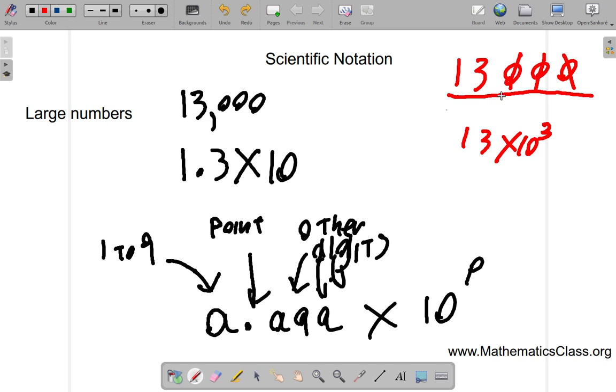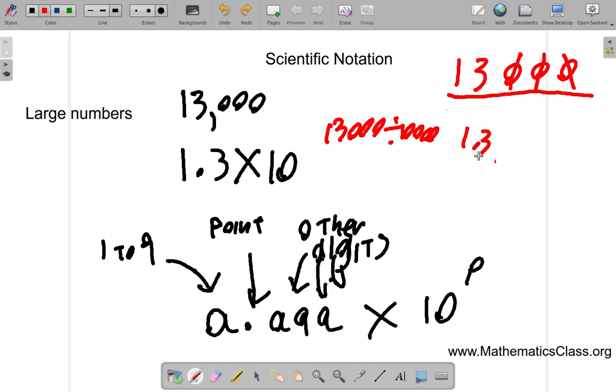Now, suppose you have 13,000 and you divide it by 10,000. What would you get? 13,000 divided by 10,000, you would get what? 1.3.